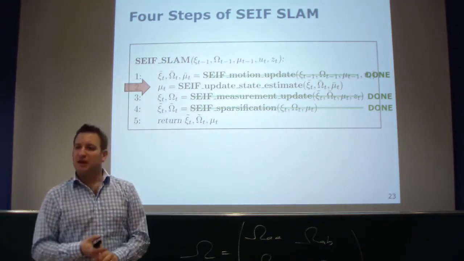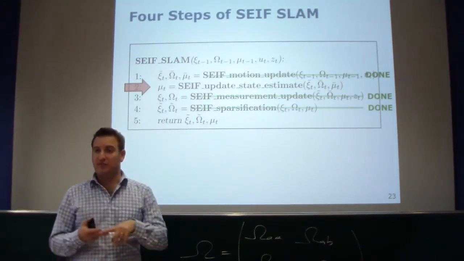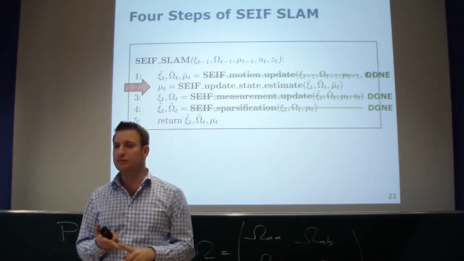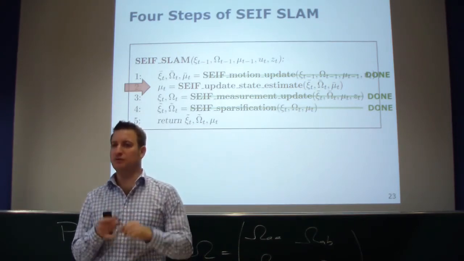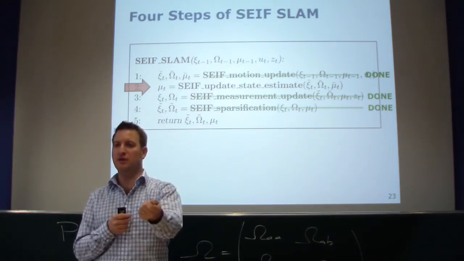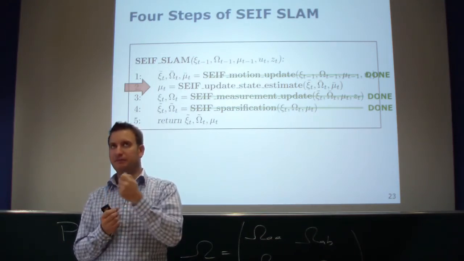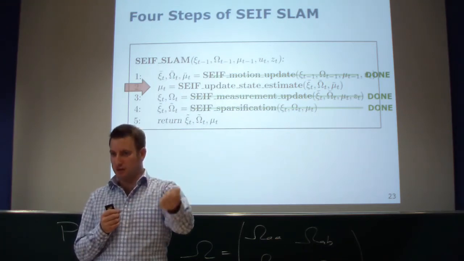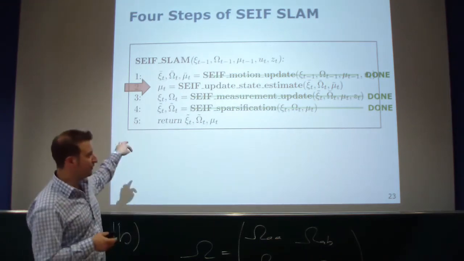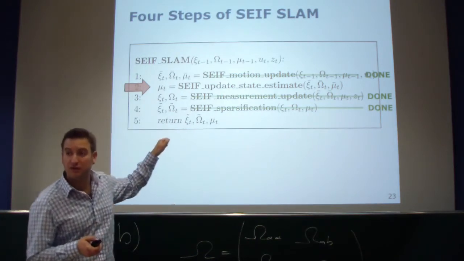For the measurement update, we also needed some parts of the state space, basically the robot's pose and the position of the landmark that the robot is observing, because I need to compute the expected information, and therefore I need to know where the landmarks are. And also for the sparsification step, I needed the mean in some dimensions.